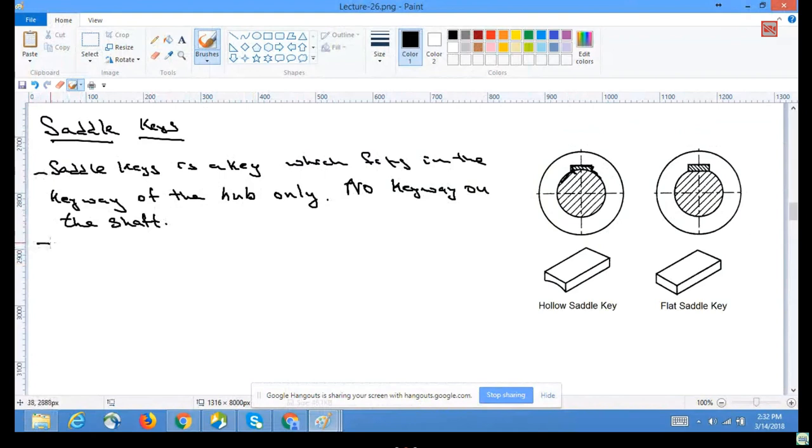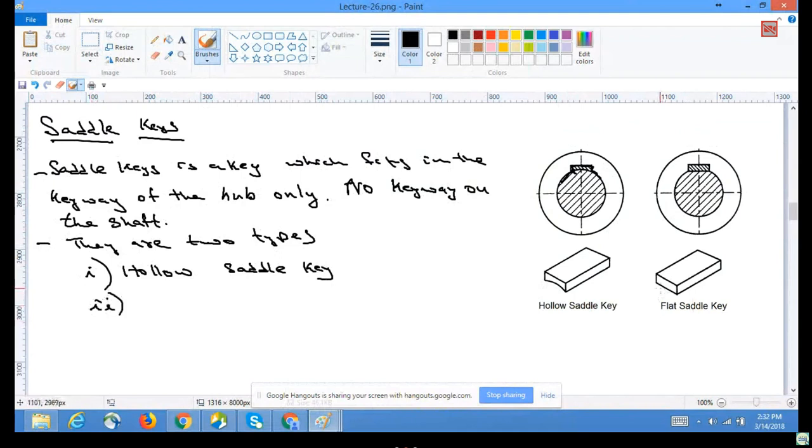Secondly, there are two types. Firstly, like this, a hollow saddle key, and the second one is, you can see on the bottom side, this is flat, whereas this is curved or hollow in nature. So flat saddle key.